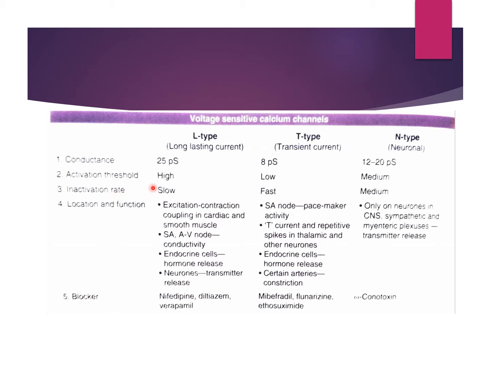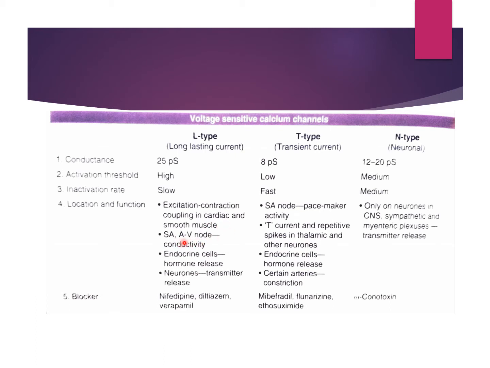The activation threshold of L-type calcium channels is high, whereas T-type is low and N-type is medium. Similarly, the inactivation rate of L-type is slow, T-type is fast and N-type is medium. Coming to the location and function, the L-type calcium channels mainly mediate excitation-contraction coupling in cardiac and smooth muscles.